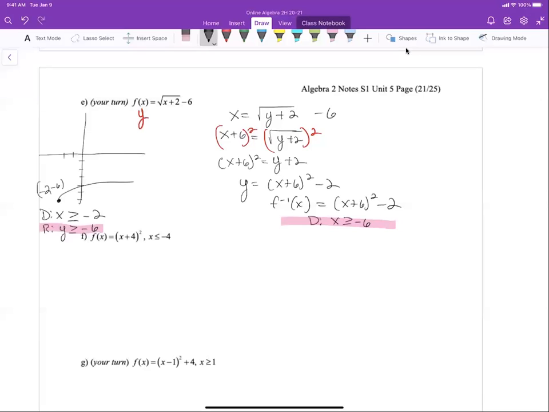So it starts here. But notice I'm only looking at the right hand of the parabola because x has to be greater than -6. So that is a reflection across that y equals x line. Not required per the instructions, just showing you that.